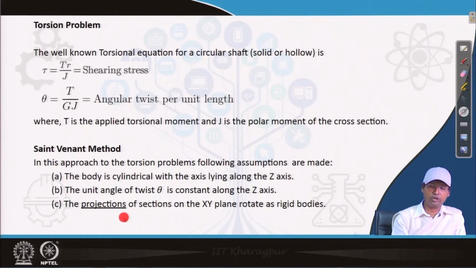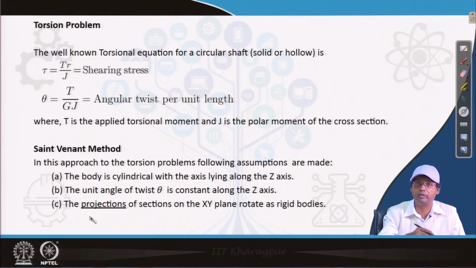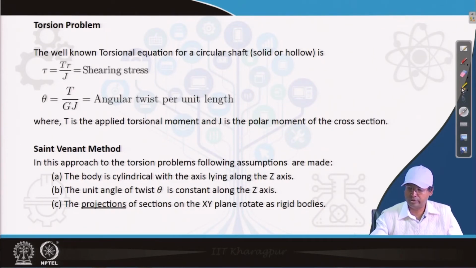Here we say the projections of this. So, with that consideration we will go. If a particular section is projected on the xy plane, that rotates as a rigid body, not the section completely. So, there is out of plane deformation and we need to take care of that.